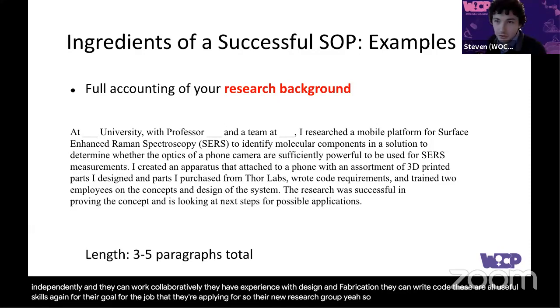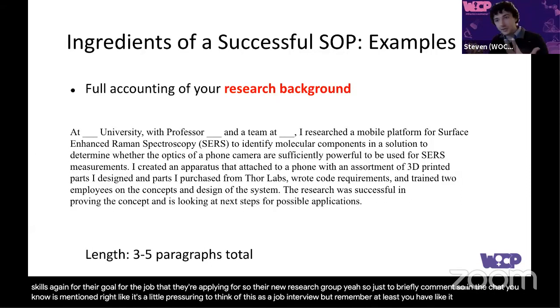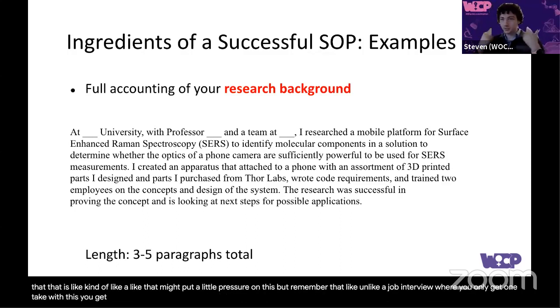Just to briefly comment, in the chat it's mentioned that it's a little pressuring to think of this as a job interview. That might put a little pressure on this, but remember that unlike a job interview where you only get one take, with this you get to rewrite, you get to spend as much time as you need.